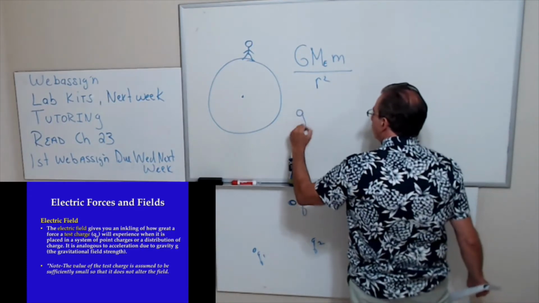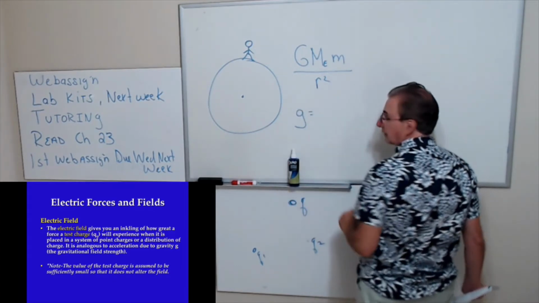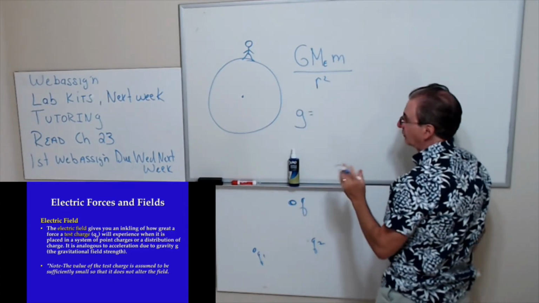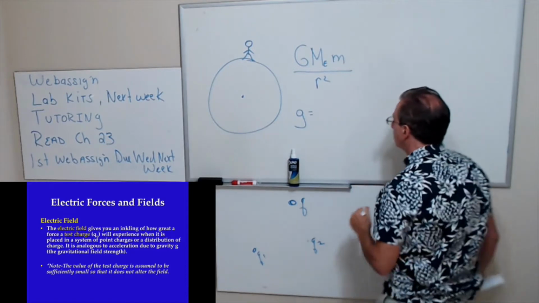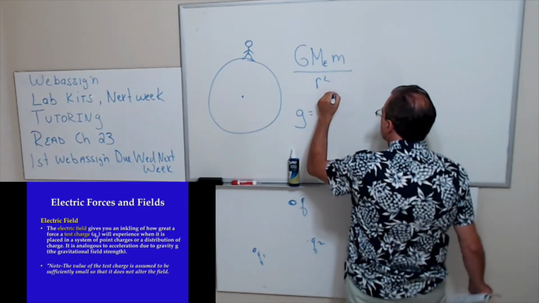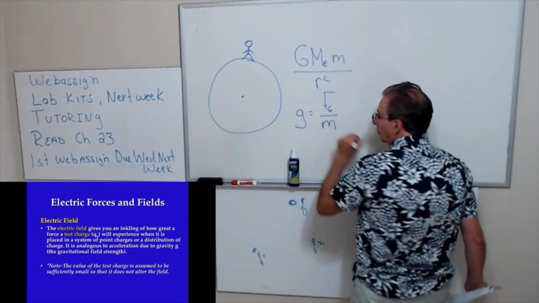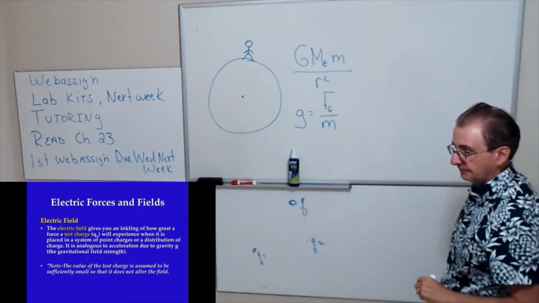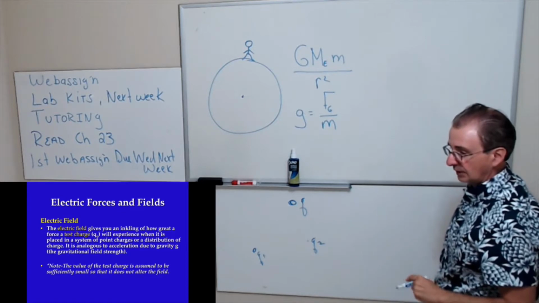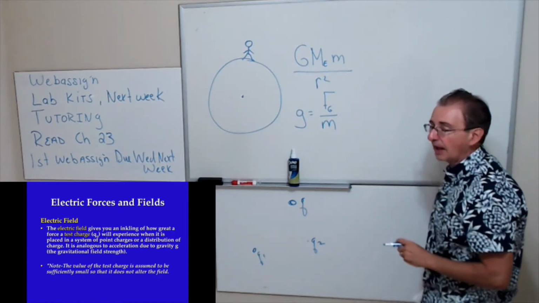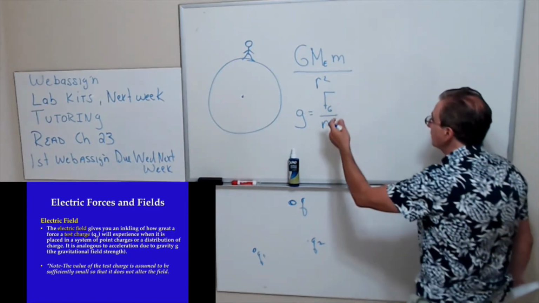Now, the gravitational field strength, I'm not writing it as a vector yet, I'm writing it as the magnitude of a vector, is the force due to gravity divided by your mass. And we're going to define the electric field in a similar manner. So what does this number mean?